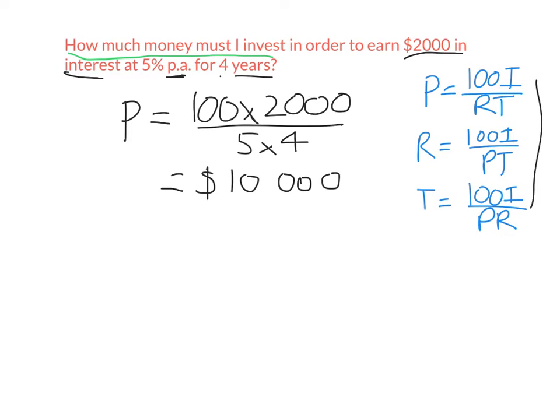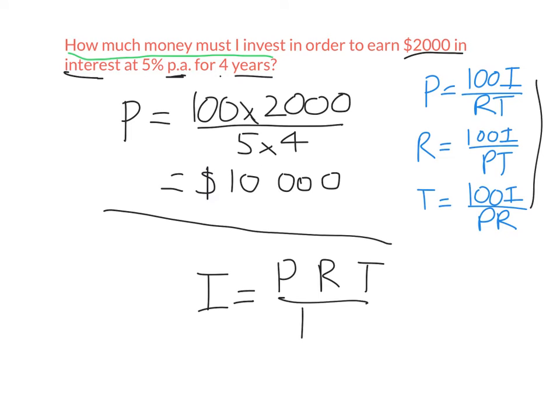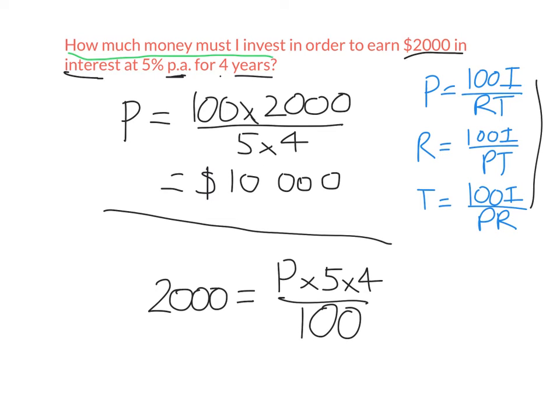The other way I could do this question is I could take my formula I equals PRT over 100, and substitute everything I do know. So I know that I is 2,000, I know that R is 5, and T is 4. Then I solve this equation.